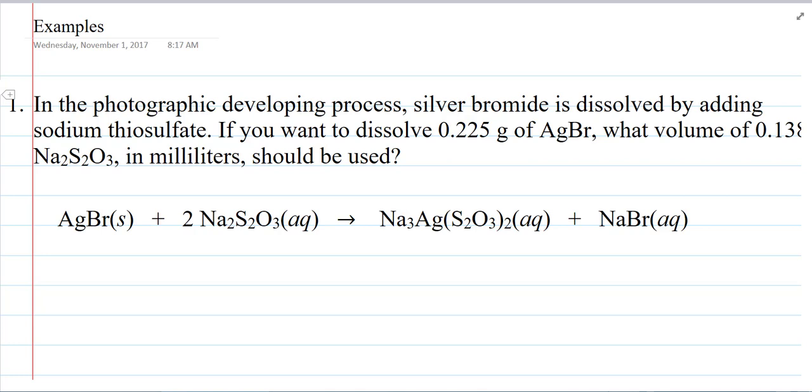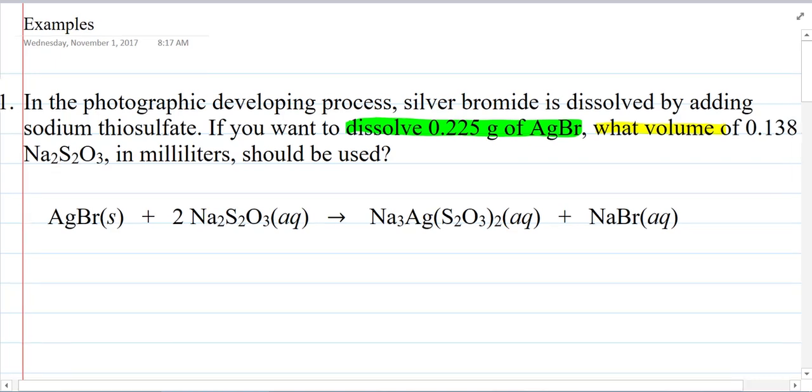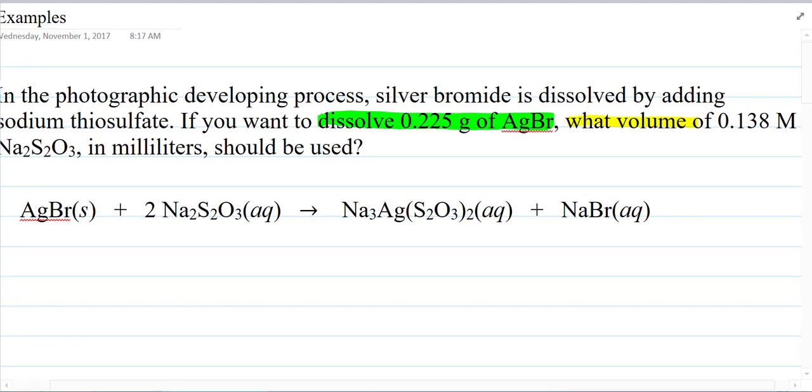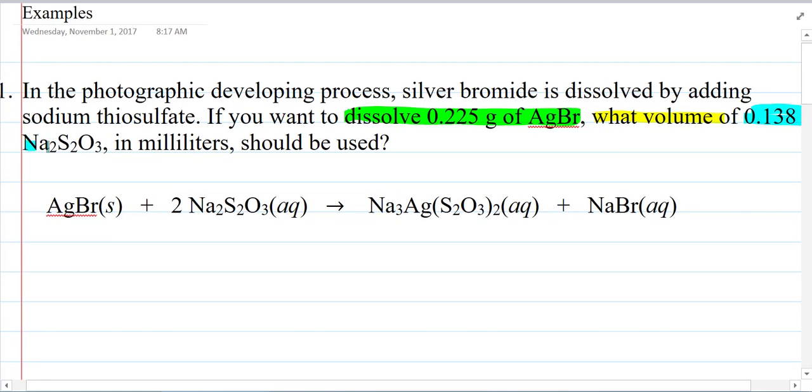So silver bromide is dissolved by adding sodium thiosulfate. If you want to dissolve 0.225 grams of silver bromide, the question begins, what volume of 0.138 molar sodium thiosulfate in milliliters should be used?